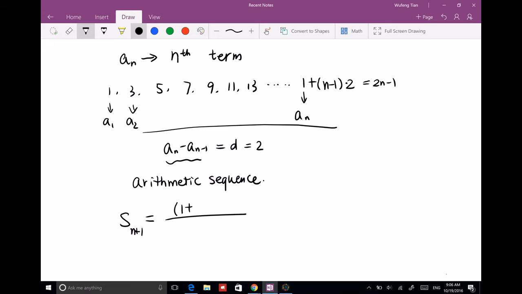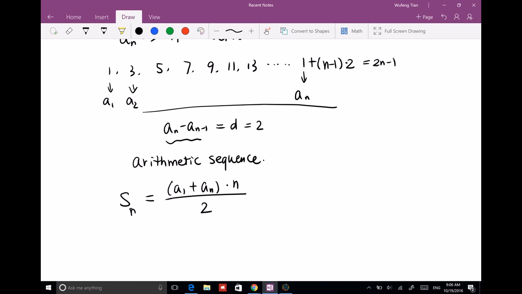If you just have Sn, the sum of the first n terms is the first term plus the last term, multiplied by n divided by 2. Okay, so this is an arithmetic sequence.